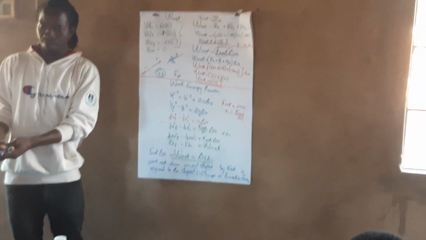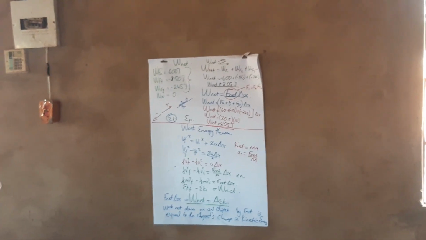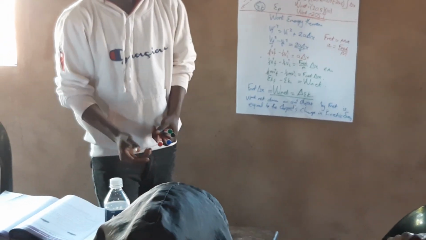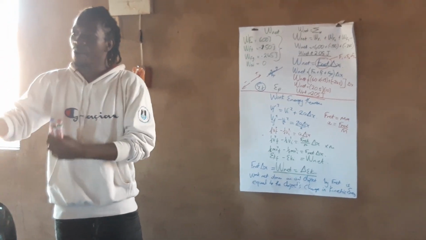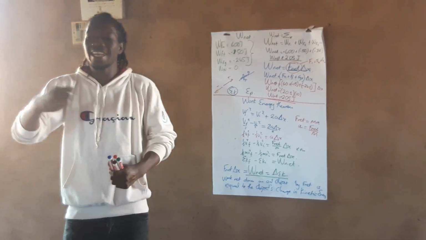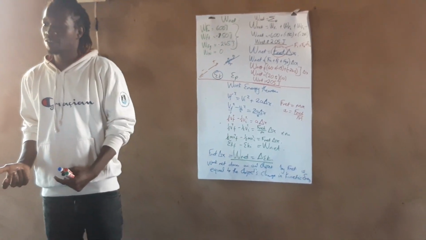If the work net is positive, it is giving the object velocity. I think we agreed that if I push this, if I give it F net, the velocity will change. I added energy, so that energy is put to work. So it's either positive work or negative work, right?